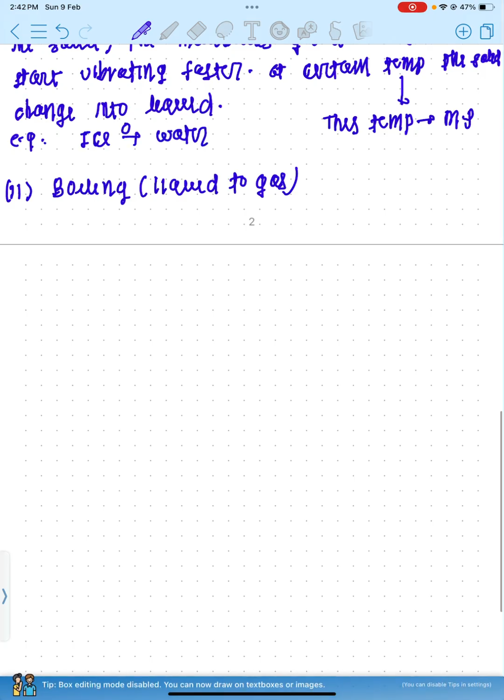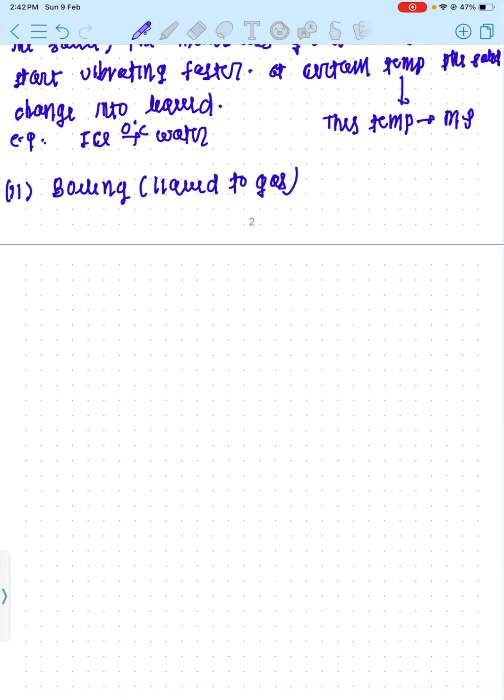So when a liquid boils, what happens? Remember the same thing. Whenever we are boiling, the liquid is getting more energy, right? If it is getting the energy, the energy breaks the intermolecular forces that are present in the liquid, right?